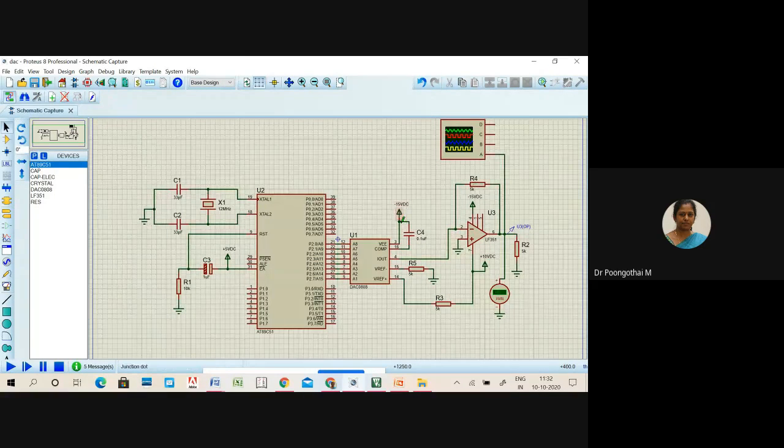Minus 15 voltage is connected to VEE, the plus reference voltage is connected to a 10 voltage power supply, and V reference is grounded. At the output pin, I have connected a CRO to observe the waveform generation.